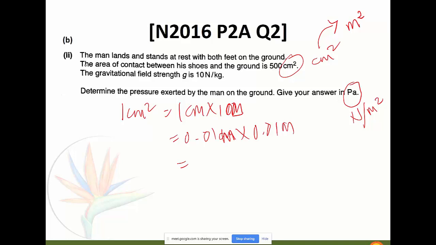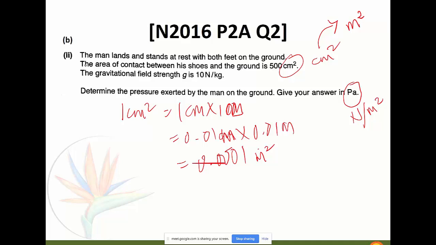Then you got how many zeros? 3 lah, for the meter square. Correct? So you convert this first, of course.